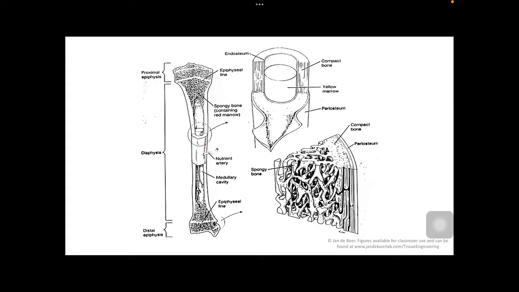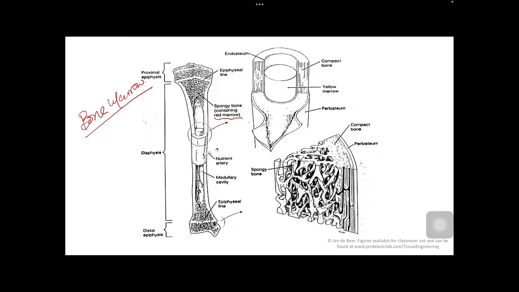So it's important to realize that bone marrow has different characteristics. As we can see here, the reservoir of bone marrow is the center of the long bones, this medullary cavity.